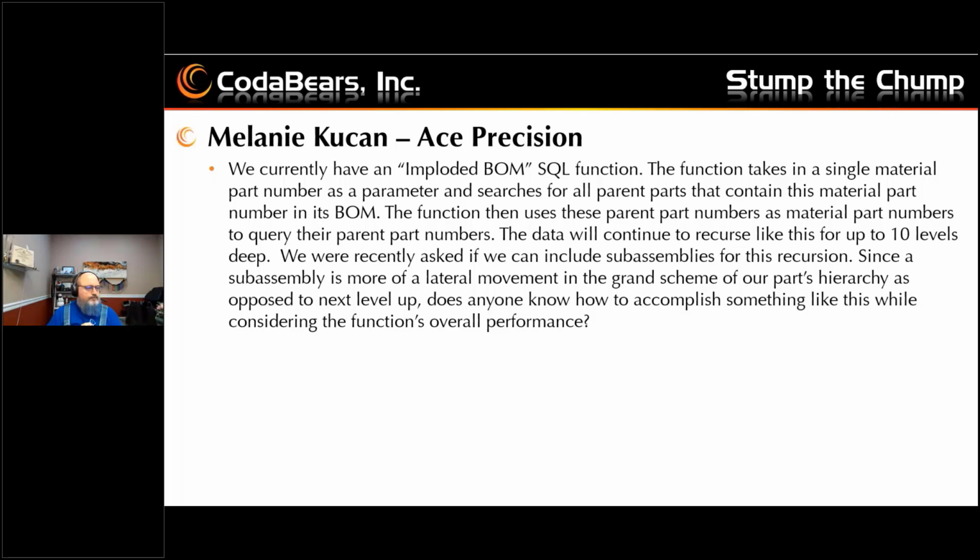Then your query will find, if you're going to start at part number X, then you can go up and you've got basically an in-memory table, and you can find everything that it's a child of and put that into a table. Now the second part of that is take that table and then go find what its submaterials are. So you have to go up and down, and it is going to be a performance hit.